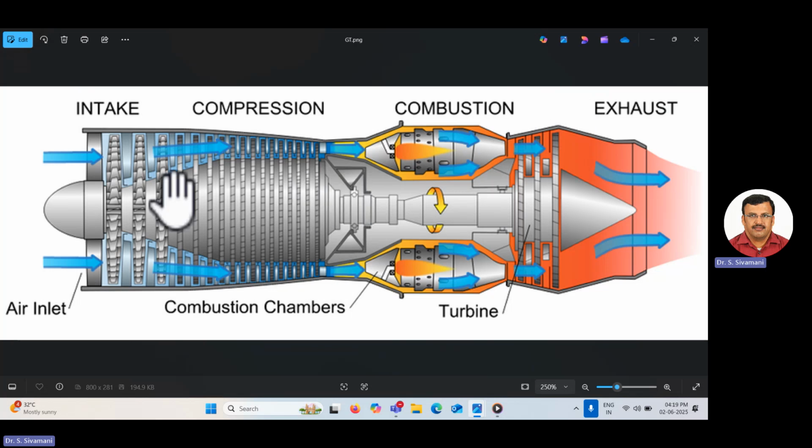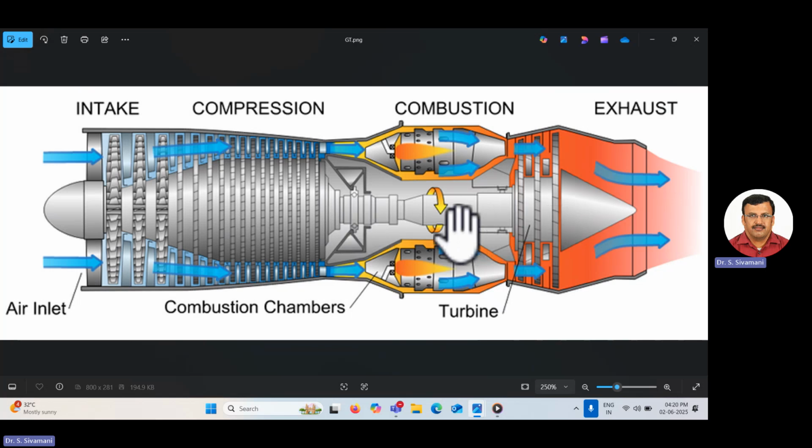So here in this drawing, if you see, the blue color represents the flow of air and the orange and red color represents the flow of gas. And in this drawing, there are two combustion chambers. One combustion chamber is above the shaft. Here, this compressor is directly connected to the gas turbine through a shaft.